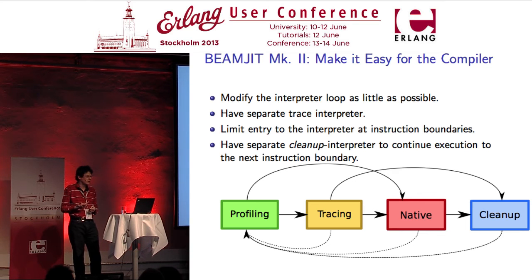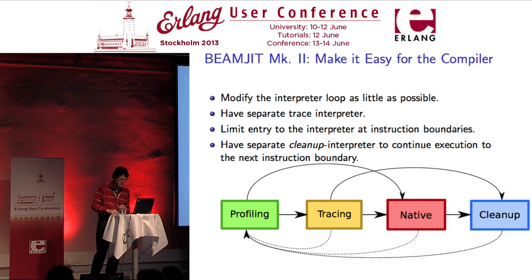And then also, as there is a big problem of jumping back halfway through the implementation of an instruction, I said that, hey, we can only enter the interpreter at the instruction boundaries. So then I needed a further version of the interpreter, which I used to just execute until the next instruction boundary.